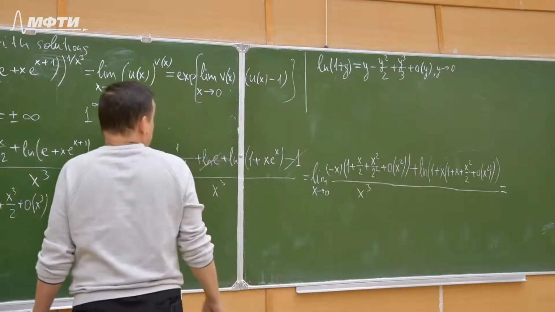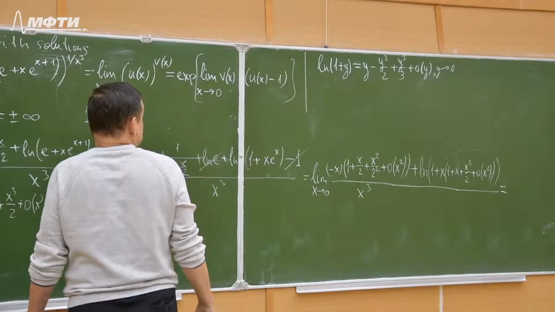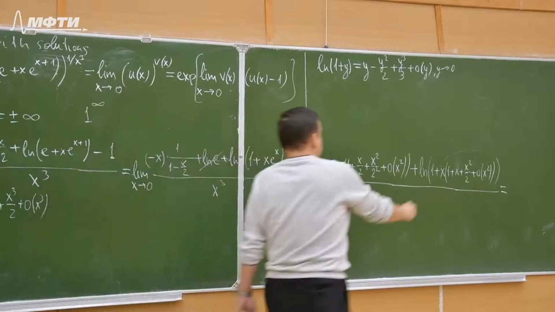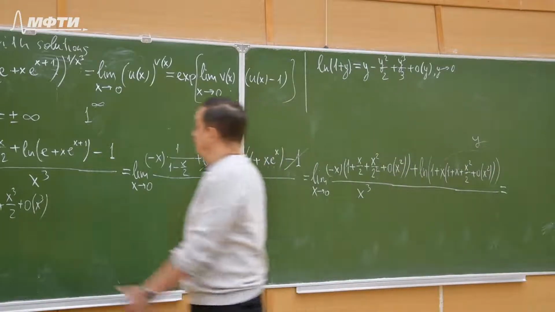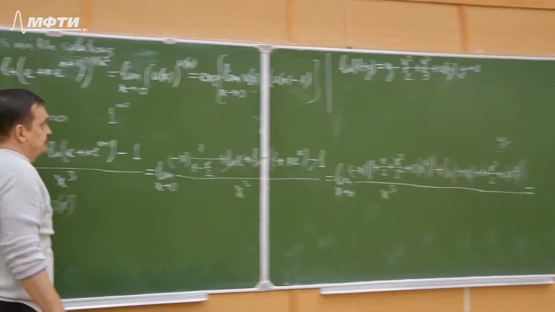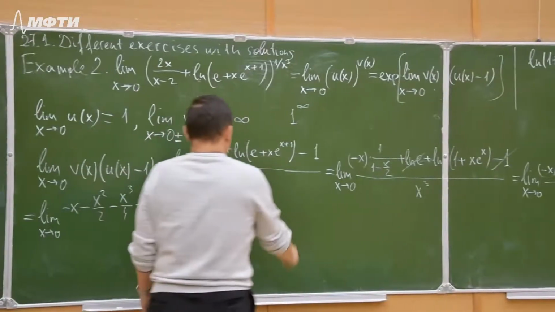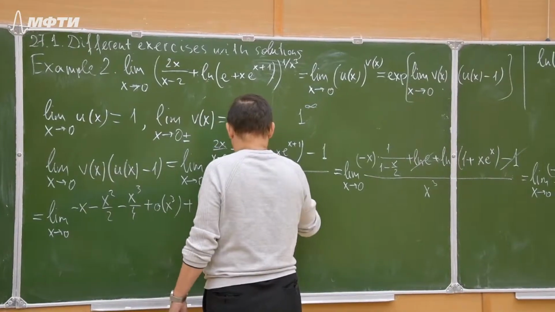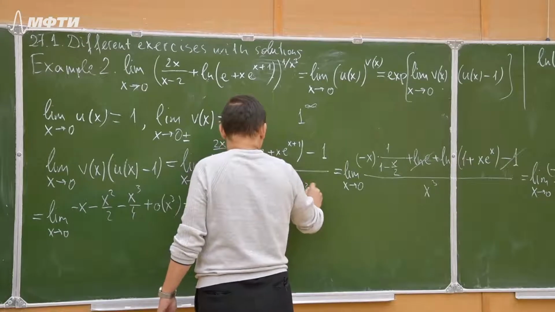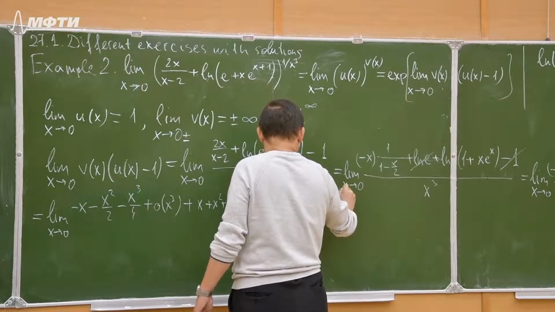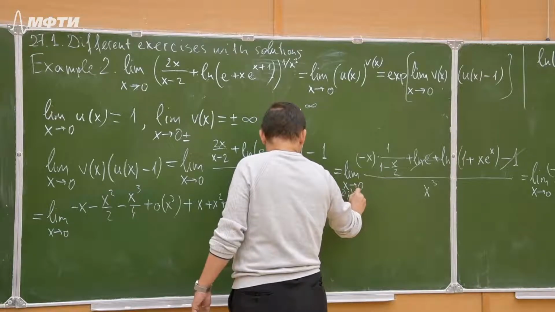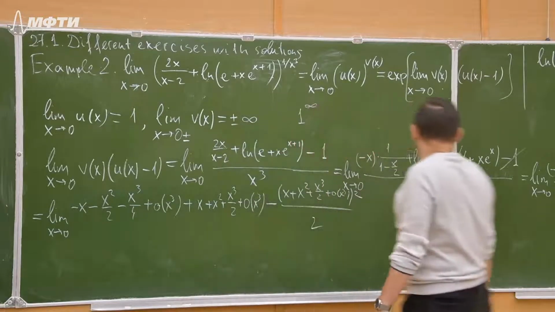So y is this expression. Here I wrote just y. The next is minus y squared over 2, minus x plus x squared plus x cubed over 2 plus little o of x cubed, squared over 2.